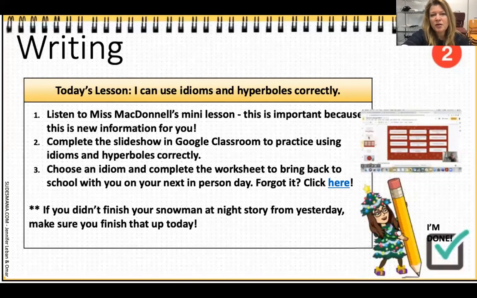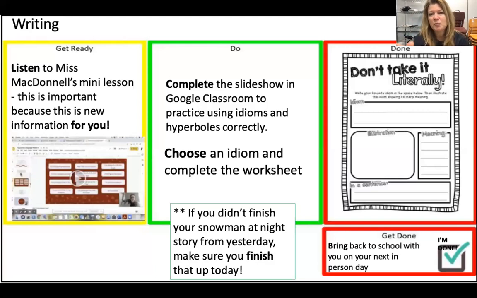So here is another example of a writing lesson that's just written out with words, and finding that kids don't often read it all or don't internalize it, as compared to the same lesson that's written in the get ready, do, done. It still has a number of words, but they can look at the end product and then just glance through and understand what needs to be done quicker.